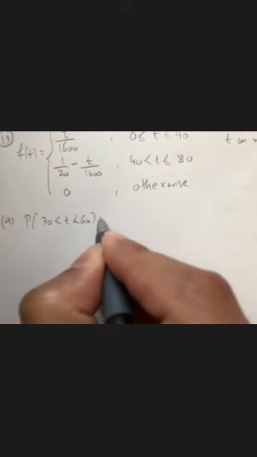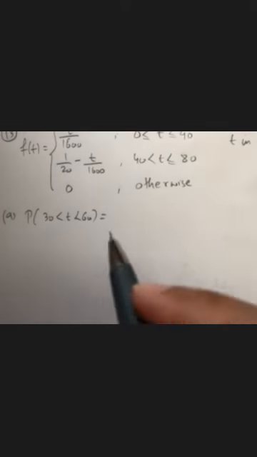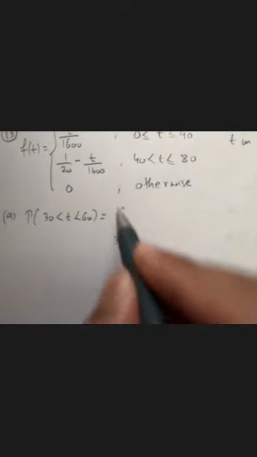So the part A is, T is between 30 and 60. So you have to set up first. 30 and 60 will serve as the bounds of the integral.